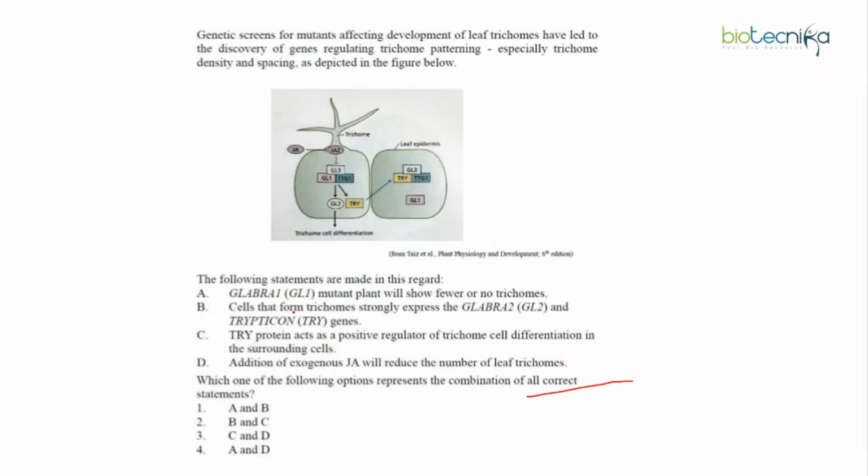Now this triptychon basically functions as your negative regulator. Okay. So your glabra 1 and glabra 2 all promote this trichome production.